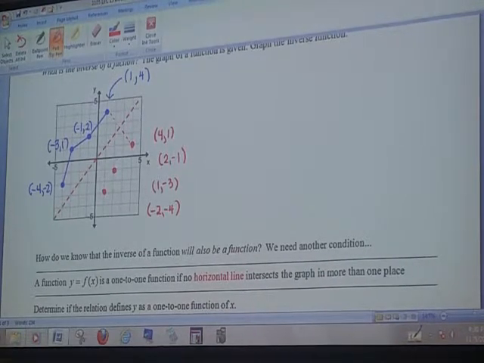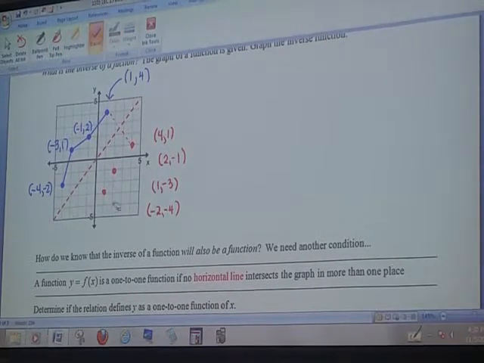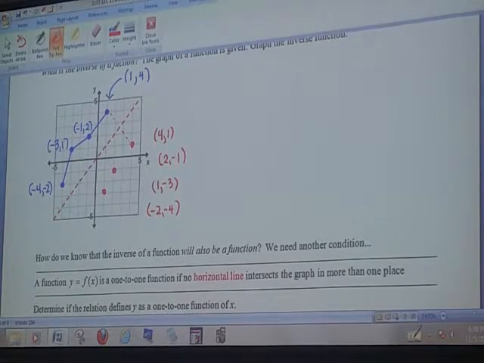So I go -2 and 1, 2, 4. Oh, -2, thank you. Okay, so I get mirror images of the 2 functions.